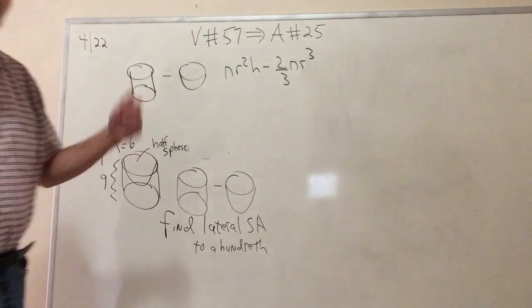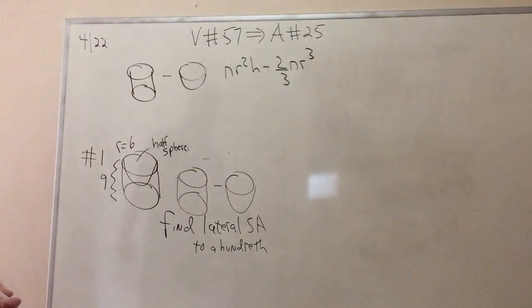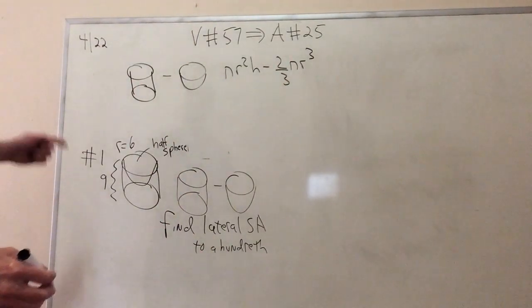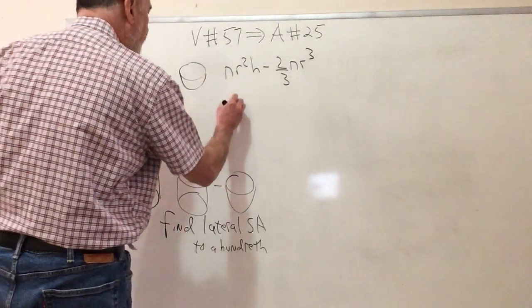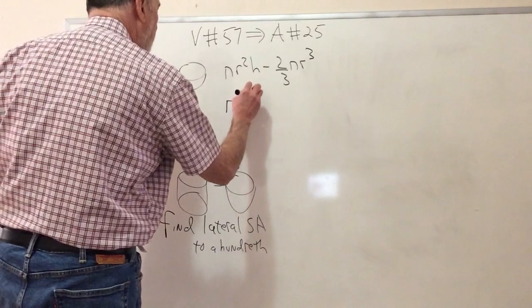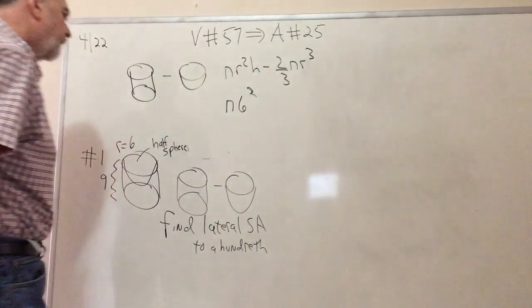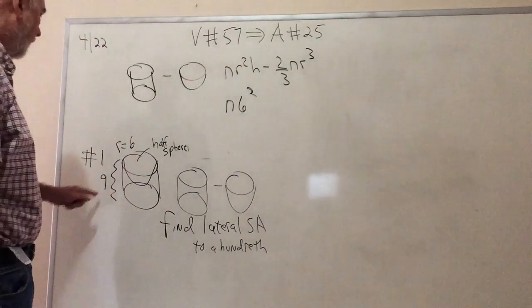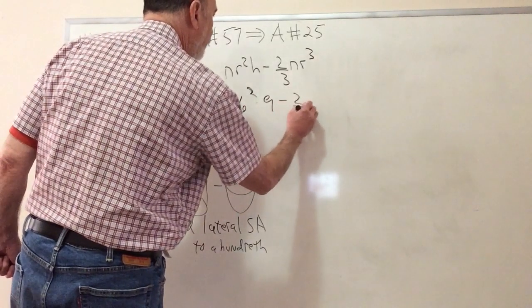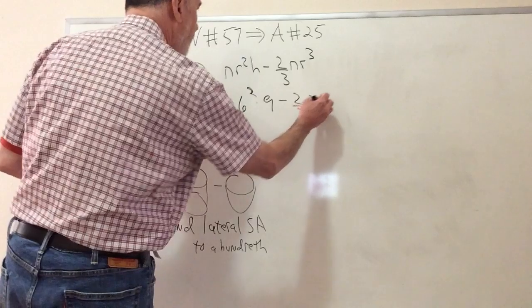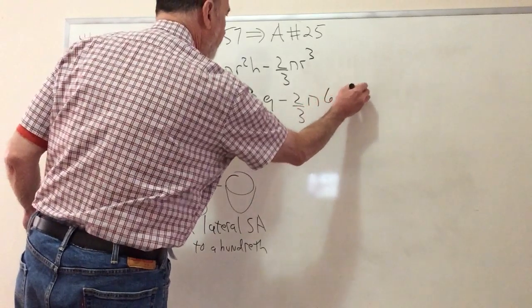Still don't get that? Oh well, next year there's another year, okay? And again, they share the same radius, so it's pi 6 squared times 9 minus 2/3 pi 6 times 6 times 6.